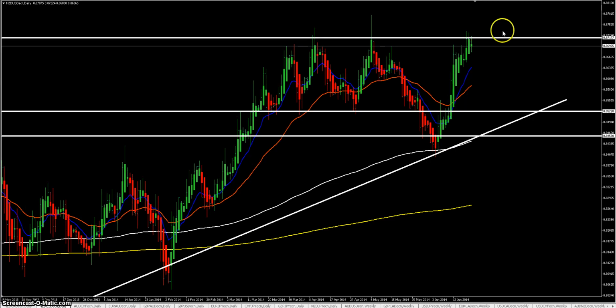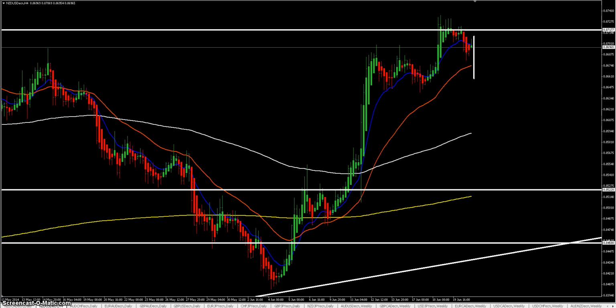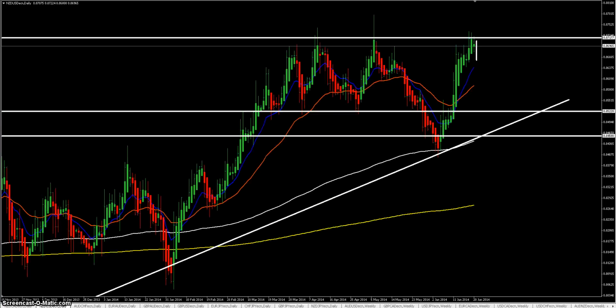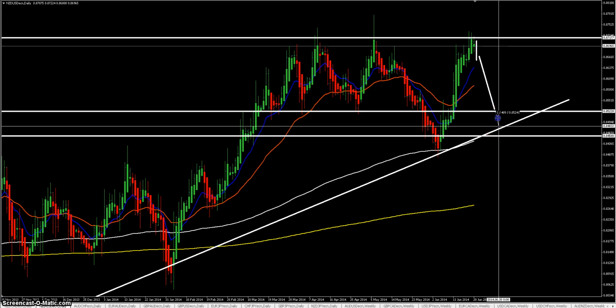So price bounced over resistance and made some spikes here. So what I'm waiting for is to let the price bounce, give us some confirmed signals, and then start looking for entries to target that range support here and here. So around 200 pips away.